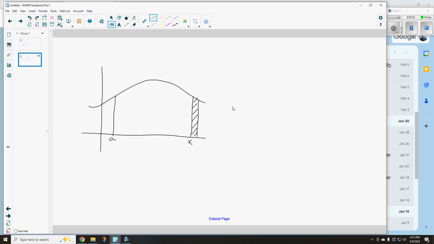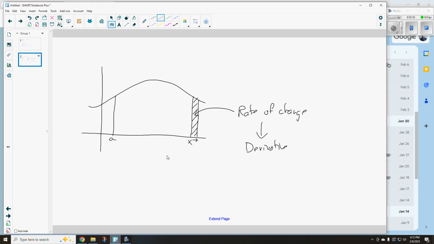And so the rate of change of this function from a to x, as I'm moving along this direction, that is my rate of change. And we know that the rate of change is the derivative.